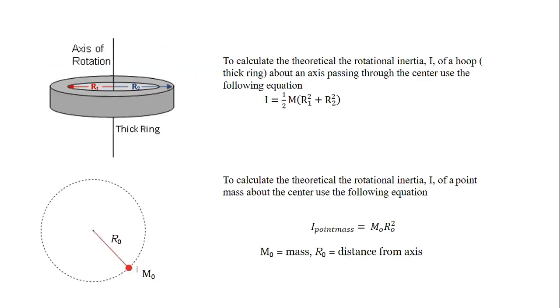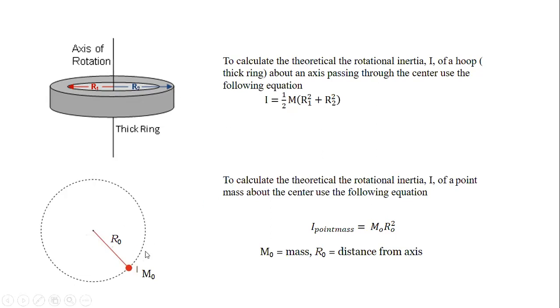Then question 4 is asking you to calculate the theoretical values. In that case, you can use the theoretical equation. For a hoop, the moment of inertia can be calculated using this equation, where m is the mass of the hoop or the ring, r1 is the inner radius, and r2 is the outer radius. So you're measuring from the center to this corner.